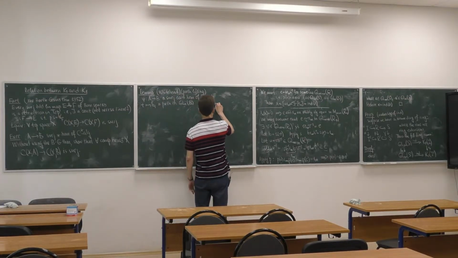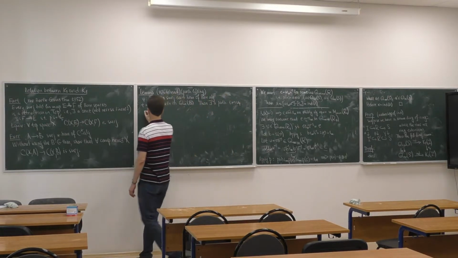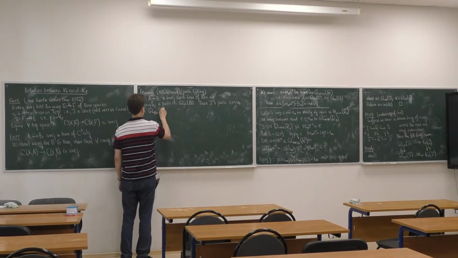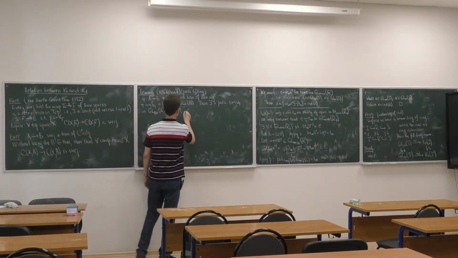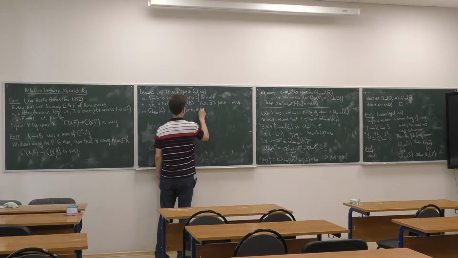So there is a path denoted by u_t in GL_2n of A such that φ takes u_t to b_t plus b_t inverse for every t.